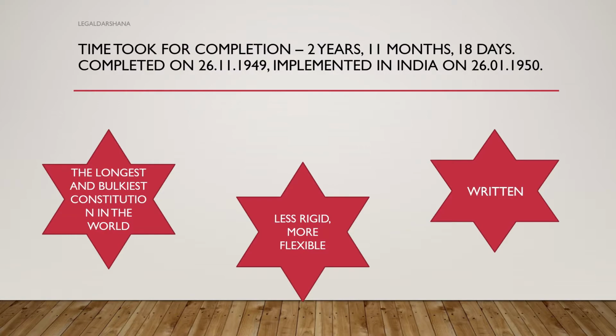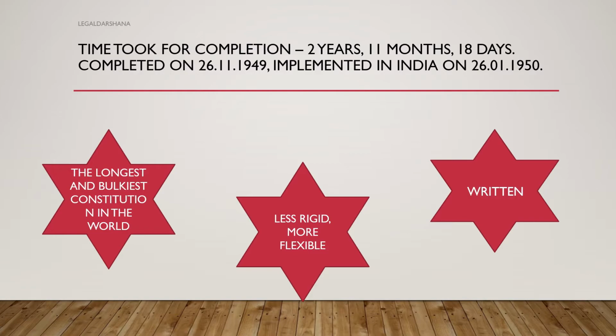and republic country. The Indian Constitution is the longest and bulkiest constitution in the world, while the shortest is that of the United States of America, of merely 2 or 3 pages. The Constitution of India is written, whereas the Constitution of the United Kingdom is not written.